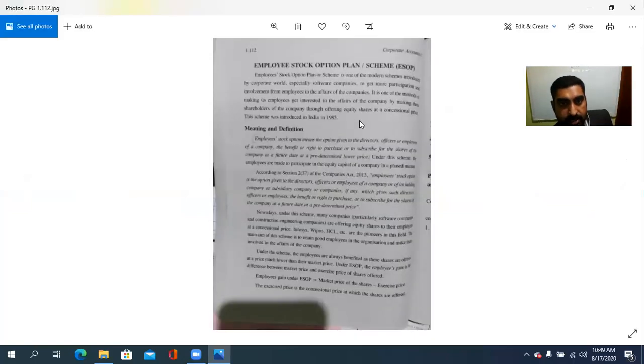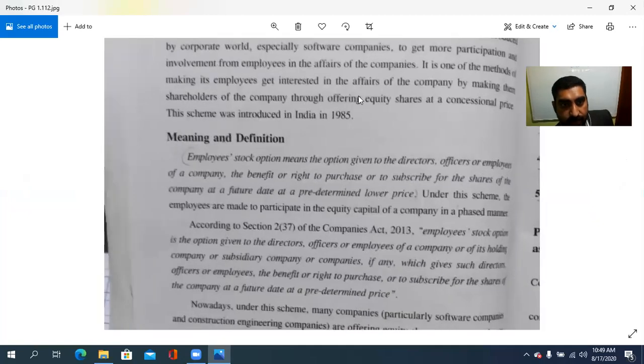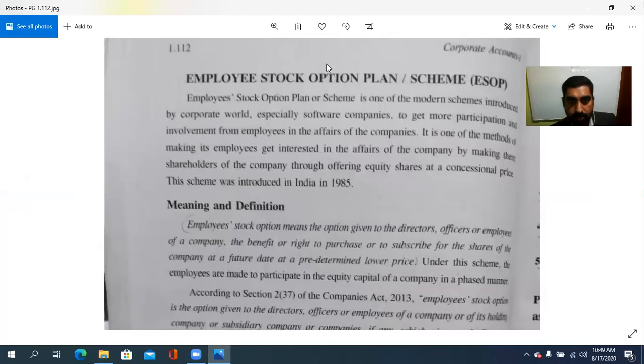Employee stock option scheme, ESOP, is one of the modern schemes introduced by the corporate world, especially the software companies, to get more participation and involvement from employees in the affairs of the company.